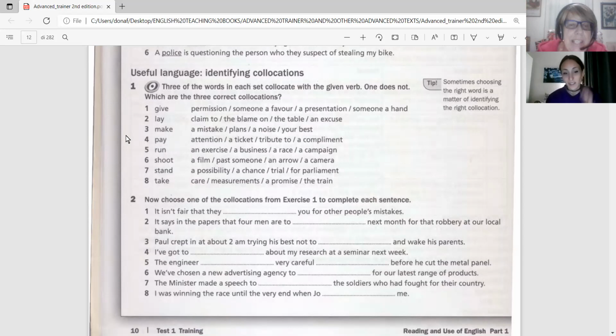Però vediamo di queste. Allora, make a mistake, make plans, make a noise, make your best. Make a mistake, it's correct.